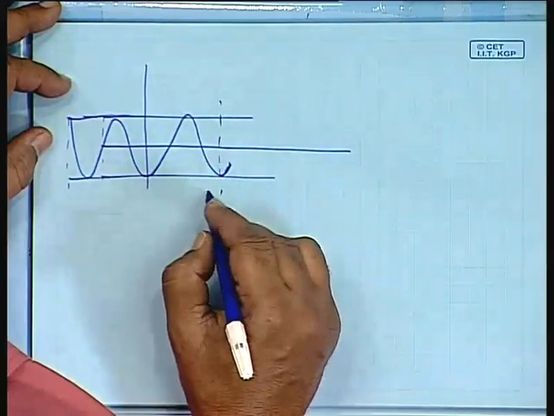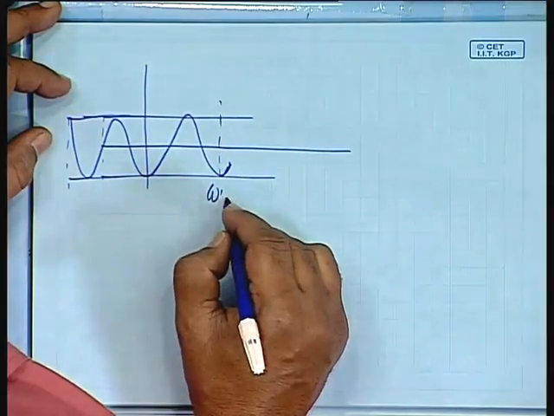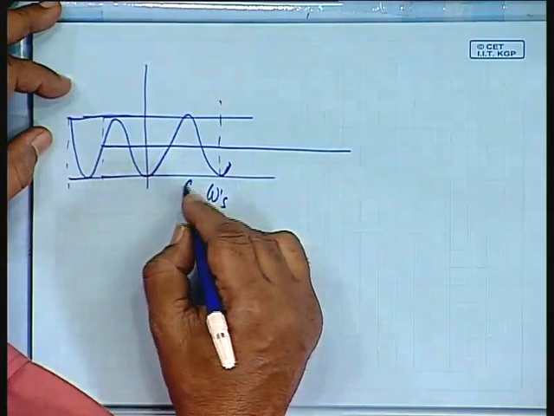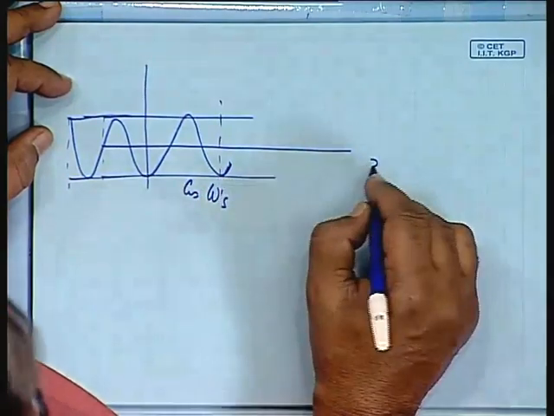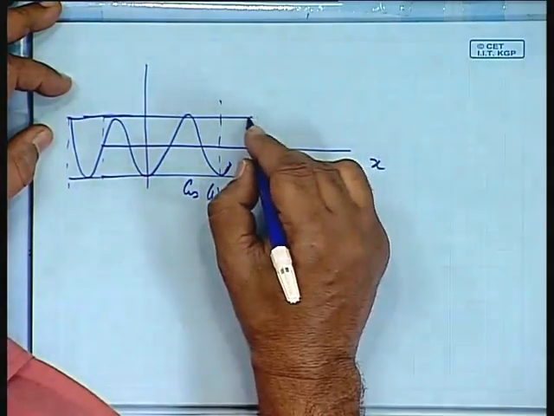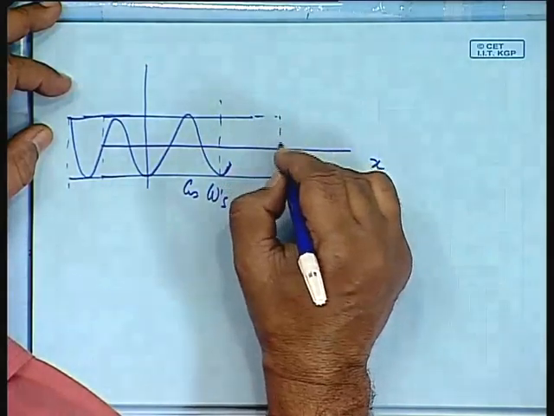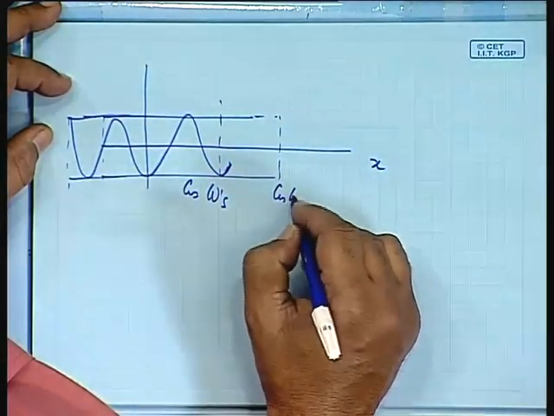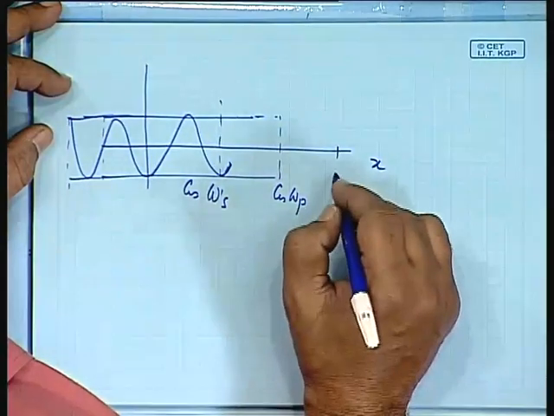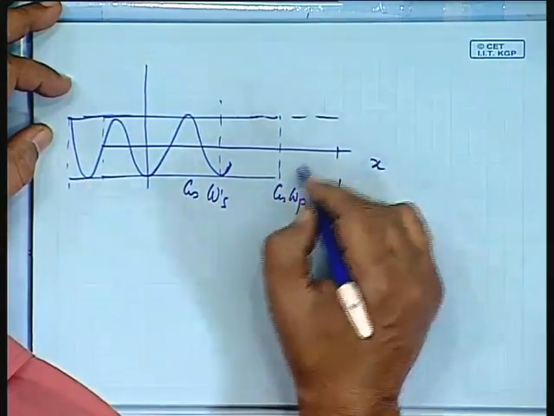Say this is cosine omega s, this is x, and then again this is cosine omega p, this is 1, this is cosine 0.